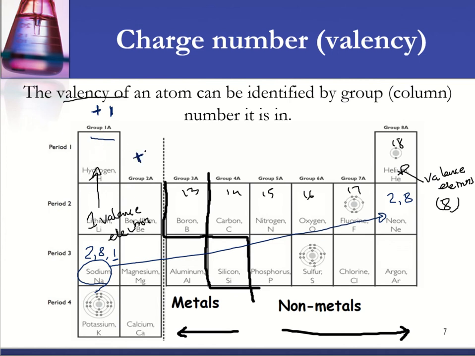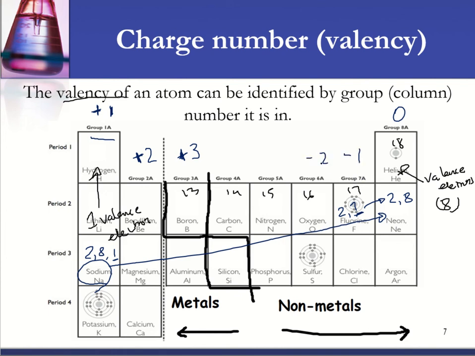Group 2 will be 2 plus. Group 3 will be 3 plus. We know that group 8 is not going to lose or gain any electrons, so we can call it 0. Group 7 only needs 1 additional electron to have the same electron configuration as neon, so it's -1.